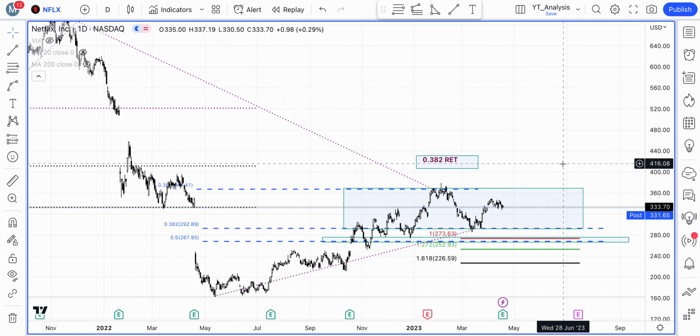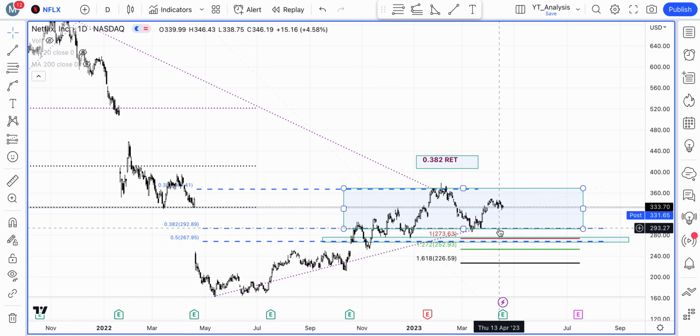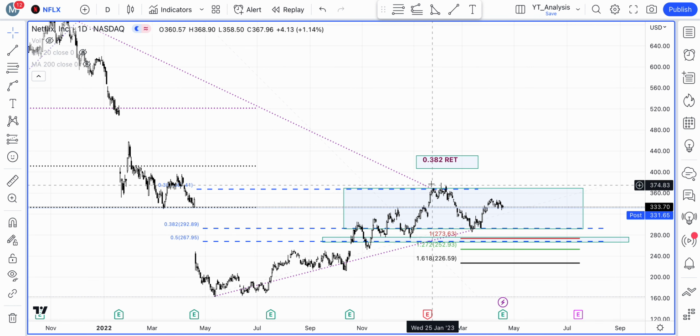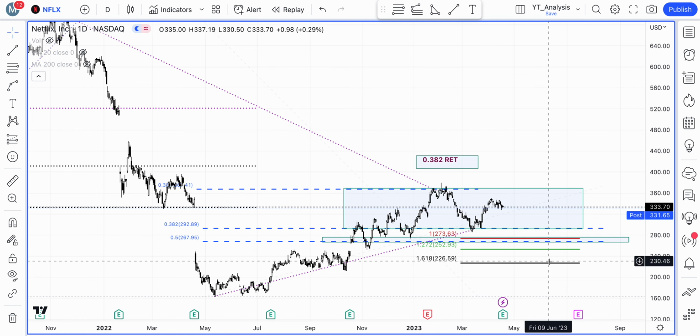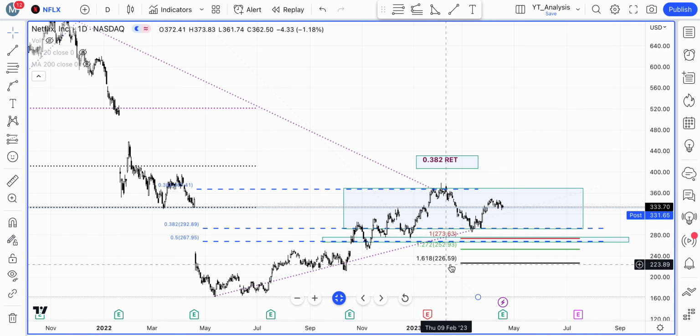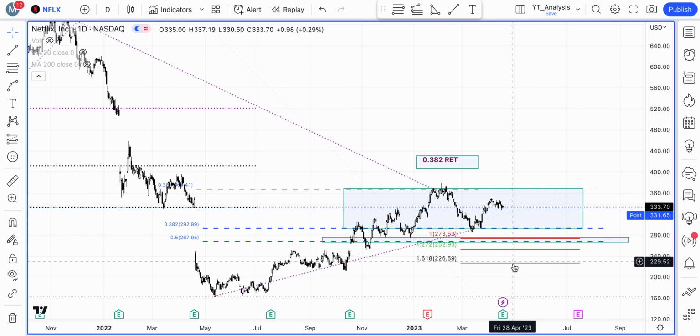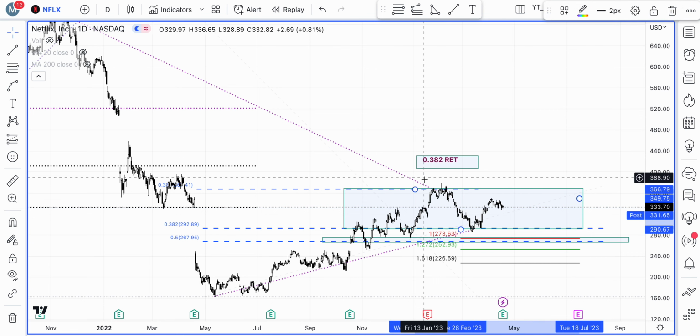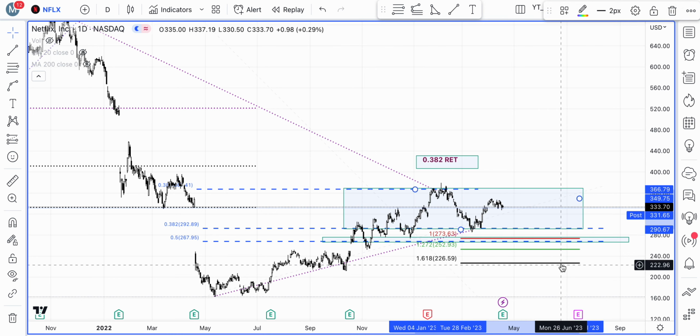And here what is possible is that, if it breaks the lows of this trading range, then we are looking at this one-to-one ABC formation lower, which could see the price move much lower, perhaps even to the $226 per share level, which is the 1.618 projection of this. But anywhere around $273 is to be also watched really, really carefully.